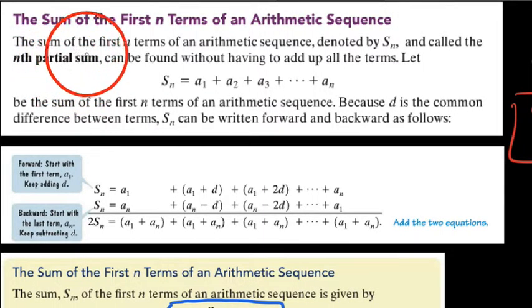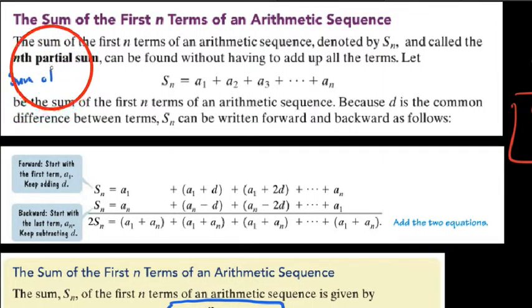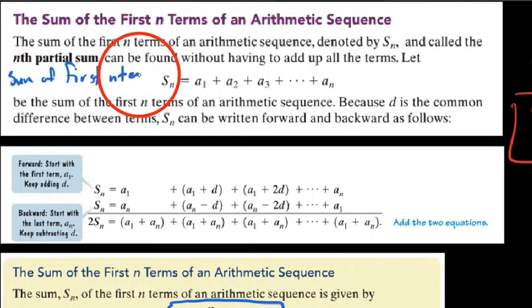So we say that the sum of the first n terms of an arithmetic sequence is denoted by S subscript n. And so one thing we want to write here is this. This is the nth partial sum. It says it right here. The nth partial sum, but it's also the sum of the first n terms of the sequence.